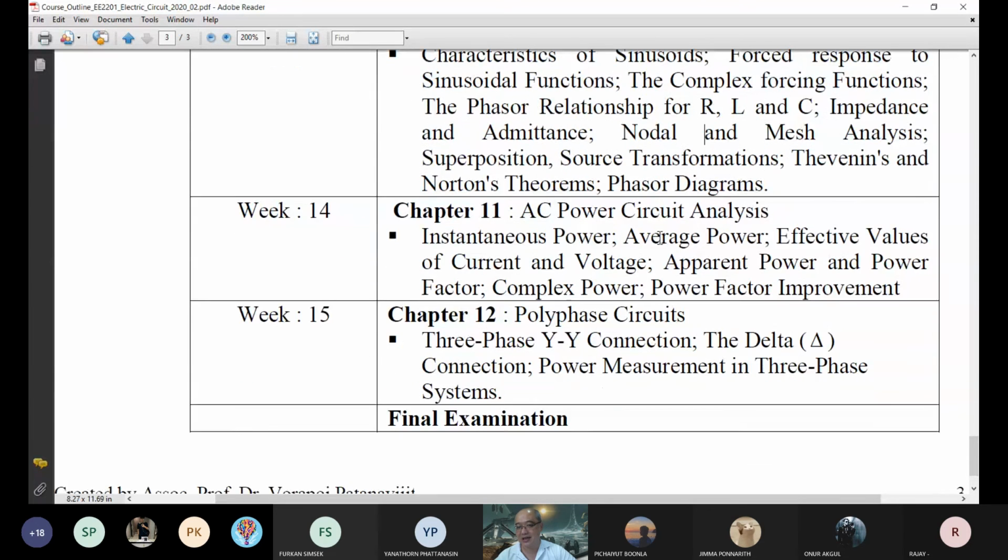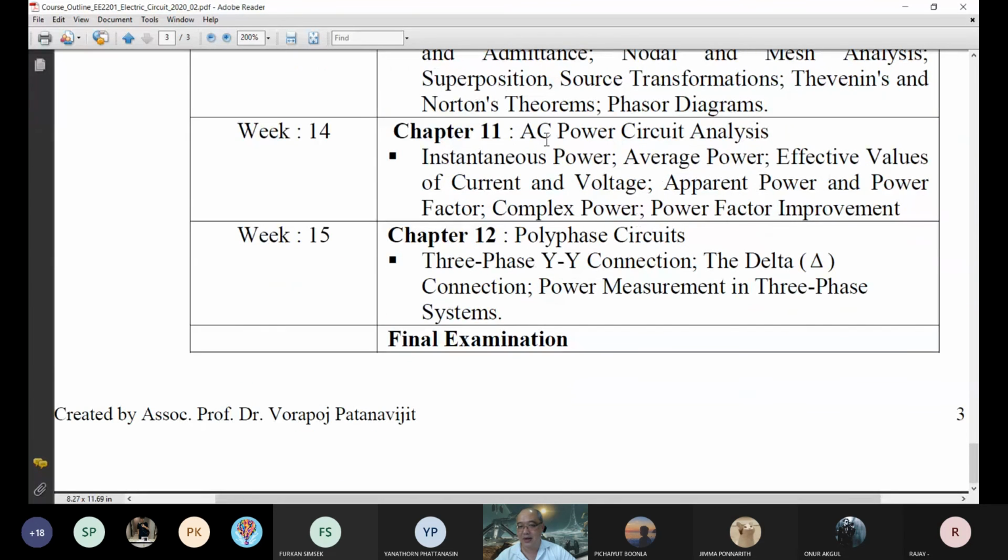Last one is about the complex power. I already taught it to you. We have four main topics of this power: the instantaneous power, the average power, the apparent power, and the complex power. The difference between them and how to determine each of them, by using the previous skills of circuit analysis.